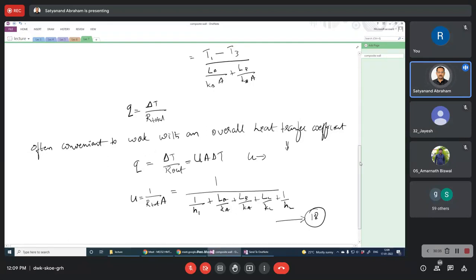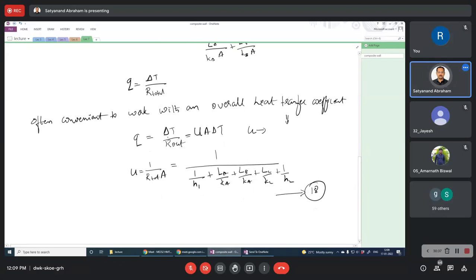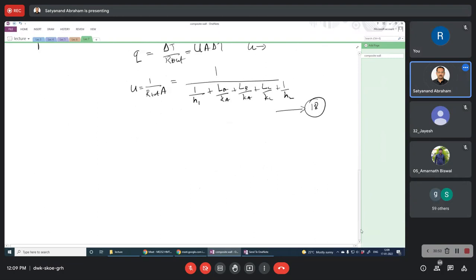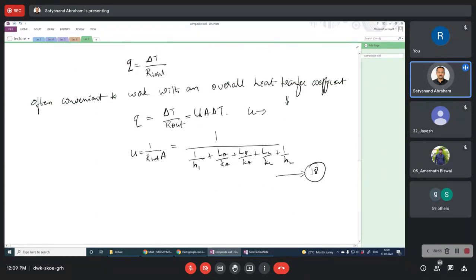So therefore we don't have to talk about R total all the time. You can talk about the overall heat transfer coefficient. That is more from a thermal point of view, just for convenience. It is going to be more convenient when we are dealing with heat exchangers.